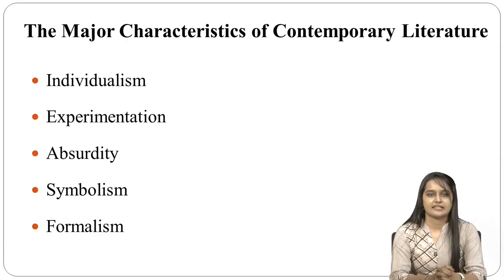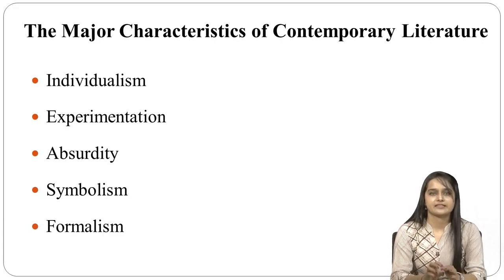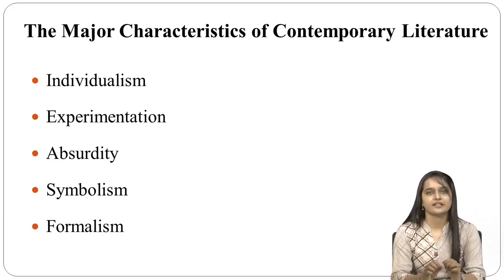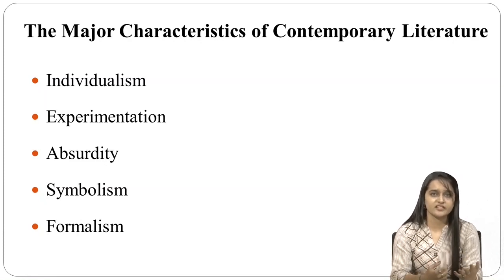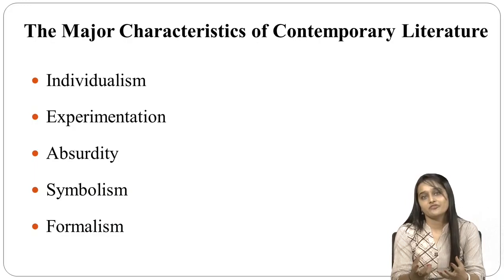Fourth characteristic is symbolism. The modernist writers infused objects, people, places, and events with significant meanings. They imagined a reality with multiple layers, many of them hidden or in a sort of code.